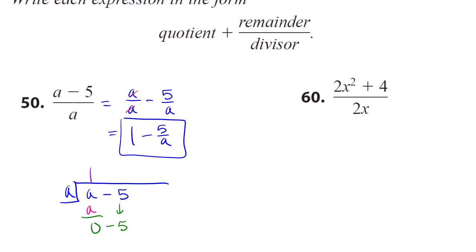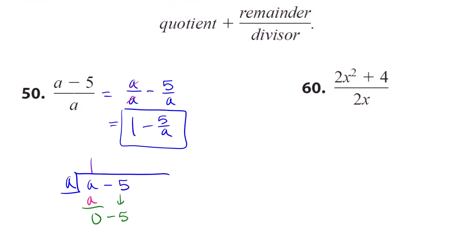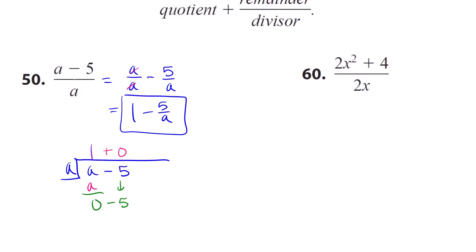How many times does a go into negative 5? It goes in 0 times. So we could put plus 0 here, minus 0, and then 0 times a is 0. So we end up with negative 5 as our remainder.